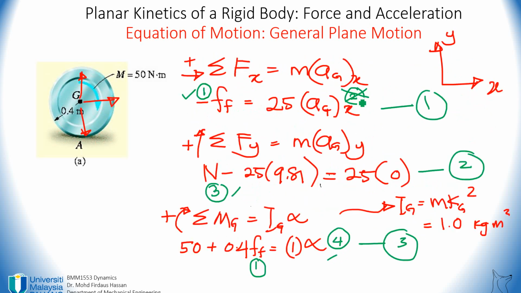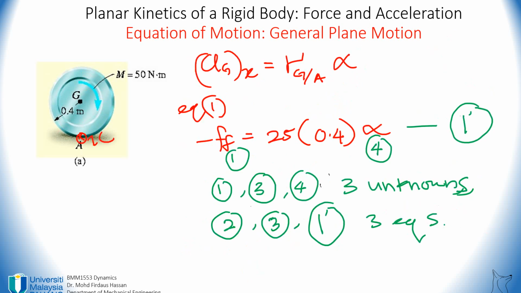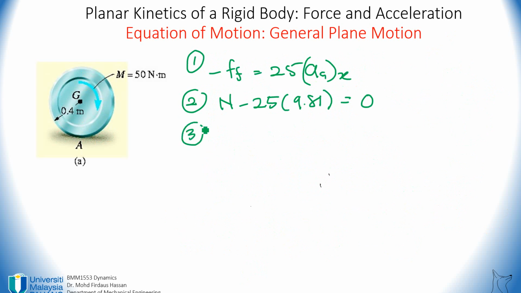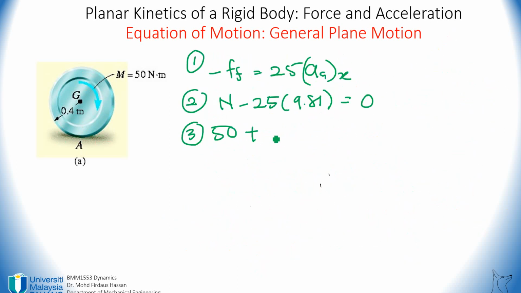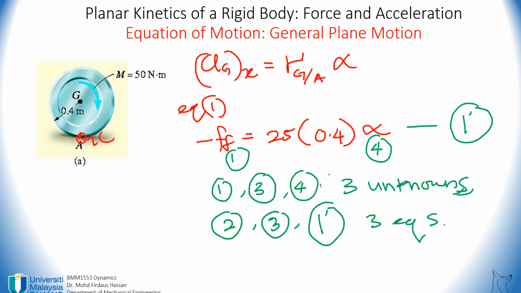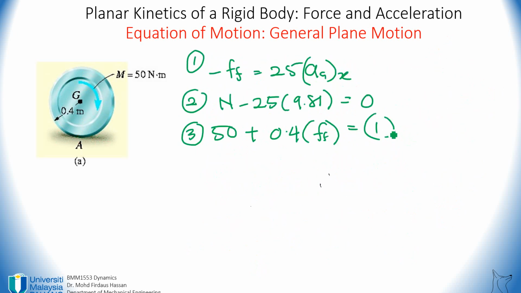Okay, and the third one is 50 plus 0.4 times Ff equal to 1 times alpha. One is IG, this one alpha.